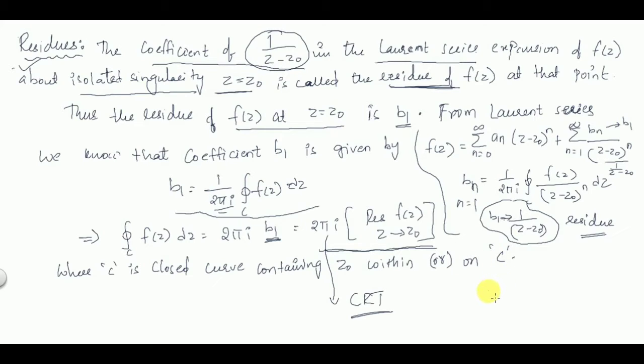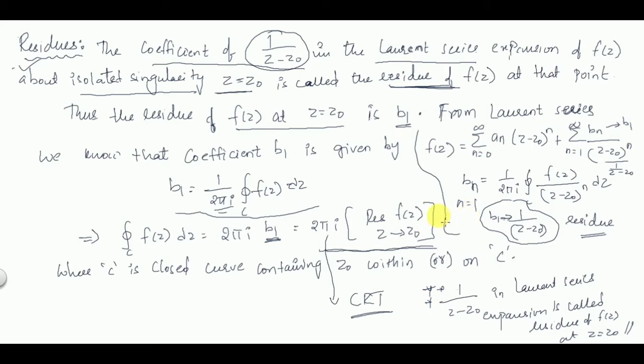So just keep in mind that the coefficient of 1 by z minus z naught in Laurent series expansion is called residue of f of z at z is equal to z naught.